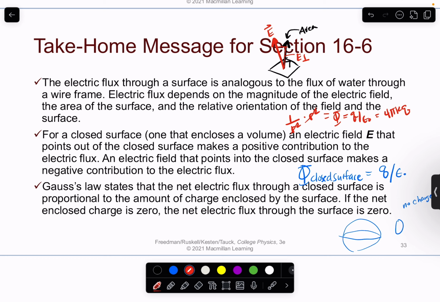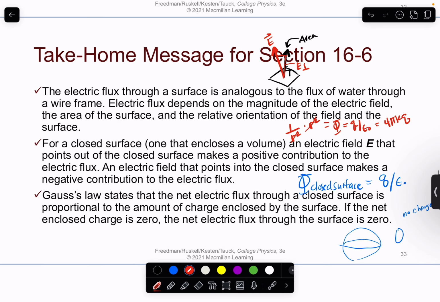So that's the powerful statement that Gauss's law makes: the electric field penetrating through any area around a couple of charges is simply equal to the charge enclosed divided by a constant. And in the next section, we will talk about how to use this.